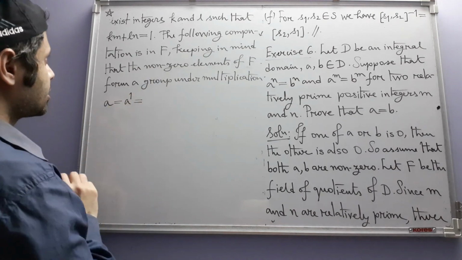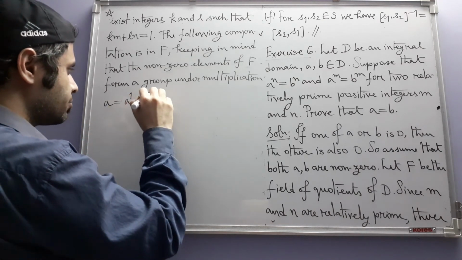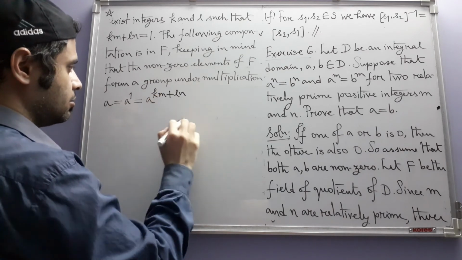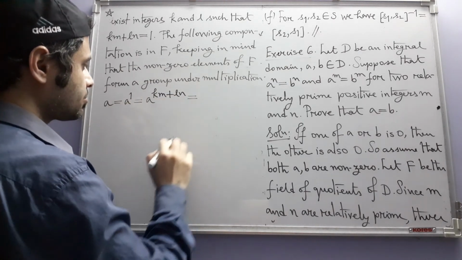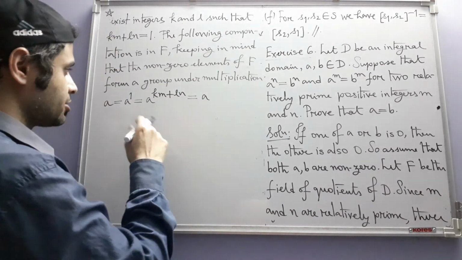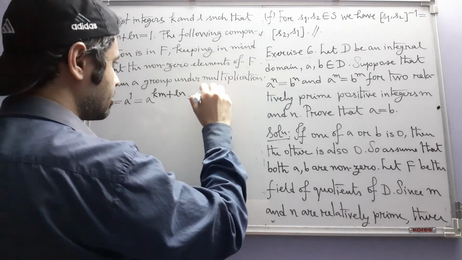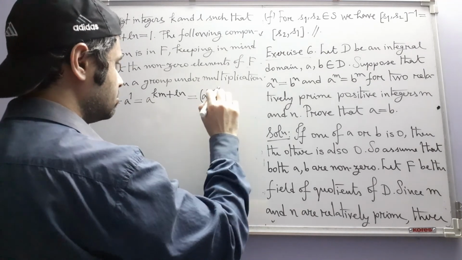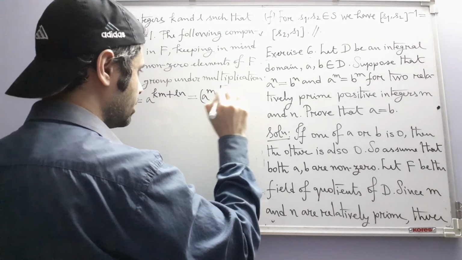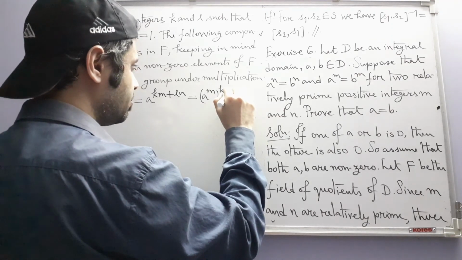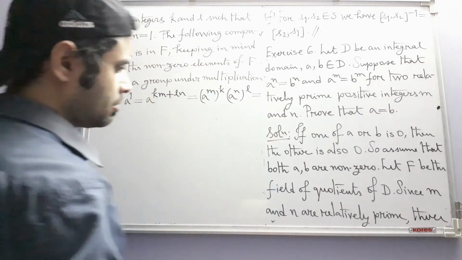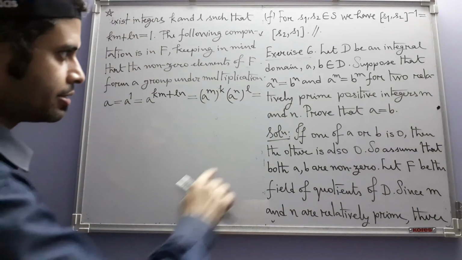Now this one can be written as A to the power km plus ln, and using the laws of exponents, I can write this as A to the power m whole to the power k times A to the power n whole to the power l. Now we apply these conditions.